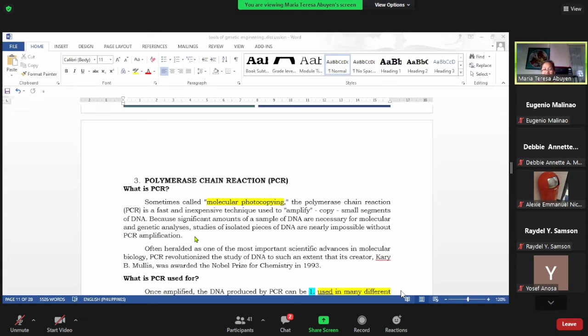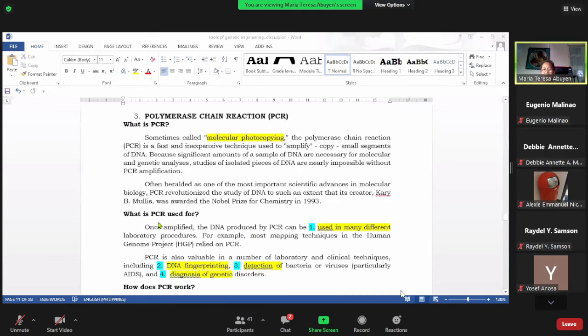So to multiply DNA, PCR is used. Okay? So what is PCR used for?